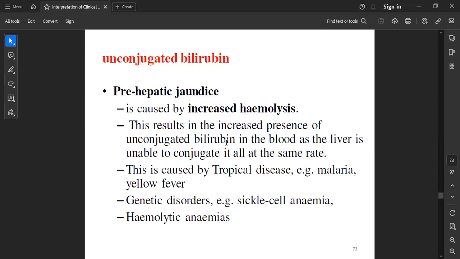So the problem is not per se in the liver, it is before the bilirubin reaches the liver. It's safe to diagnose that it can be due to hemolysis, the death of red blood cells. Diseases like malaria and sickle cell disease, all diseases that cause hemolysis, will show high levels of unconjugated bilirubin.